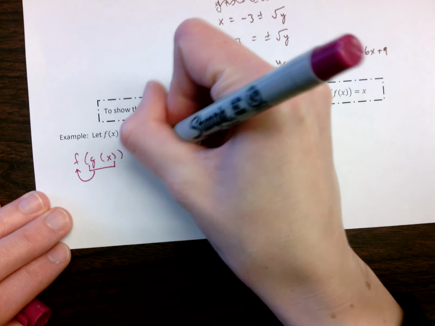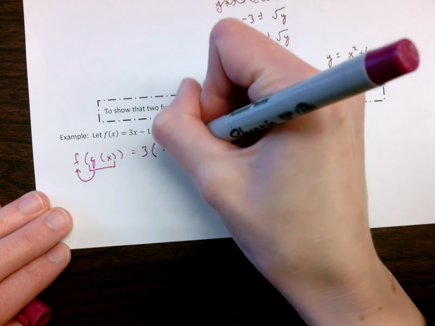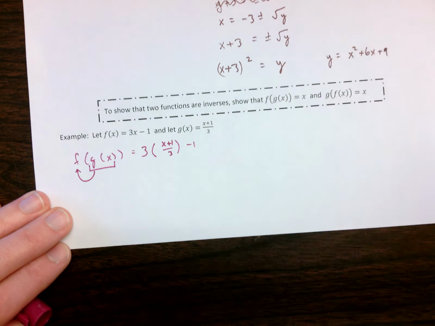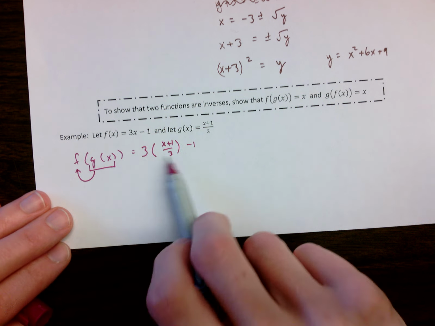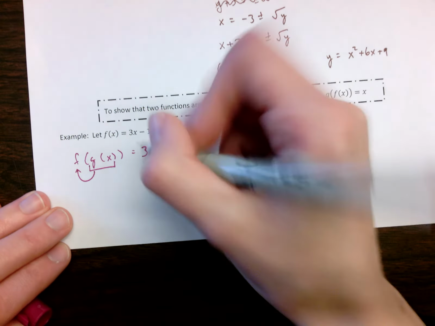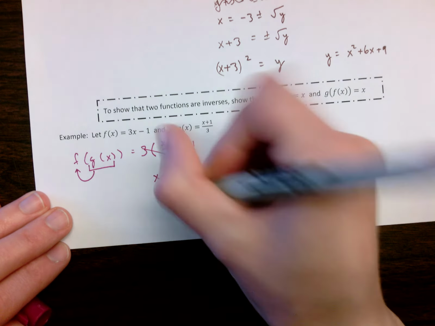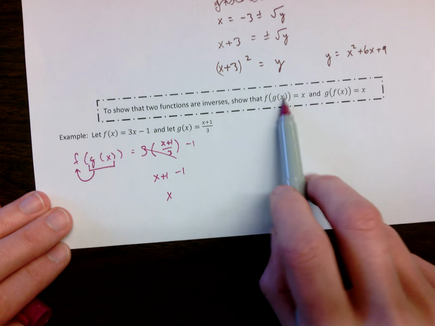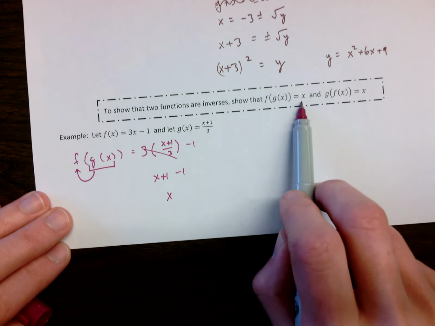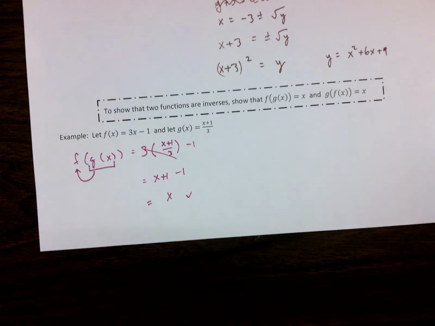Function f says do 3 times whatever you're plugging in. So 3 times x plus 1 over 3, minus 1. Okay, and then we're just going to simplify that. These 3's are going to cancel each other out, so I'm left with x plus 1 minus 1, which is x. So I showed that when I take g of x and plug it into function f, I get back to x. Okay, so that works.